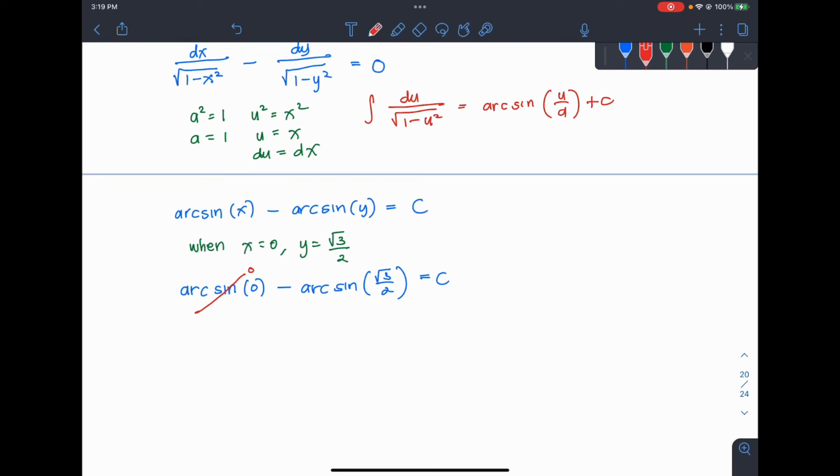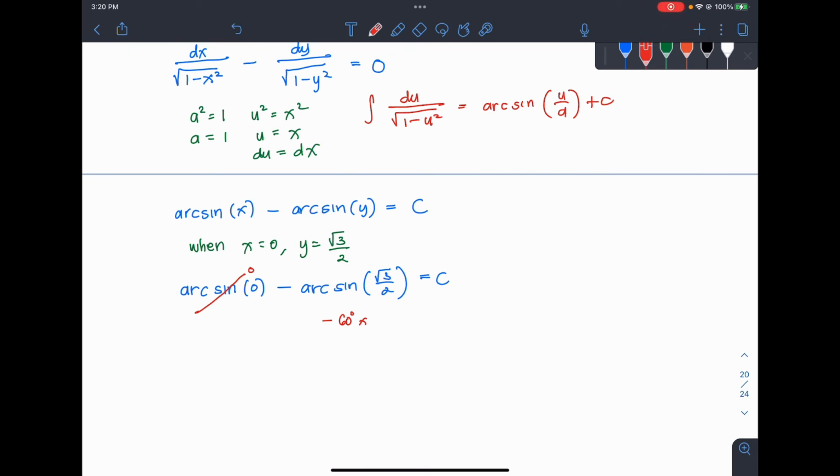In degree mode, C here will be negative 60 degrees. If we want it in radian mode, we can use arc sine of the square root of 3 all over 2, which gives 1 point something in decimal form.